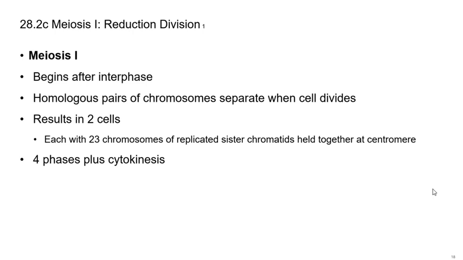Okay, so remember, this whole process, we're making 4 genetically different haploid daughter cells. So we have to go through meiosis twice. The first one is called meiosis 1, and then we'll go through meiosis 2. So for this first part of this video, we're going to look at meiosis 1, and then we'll do meiosis 2 separately. So this is the first event, meiosis 1.